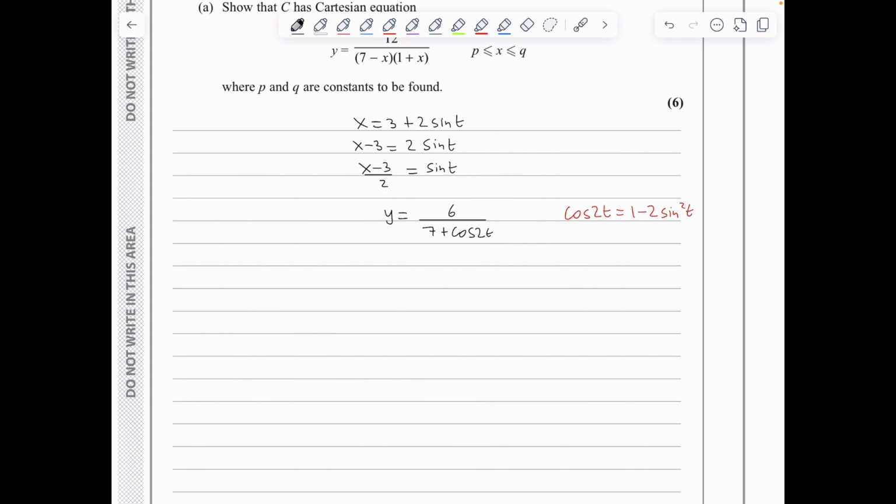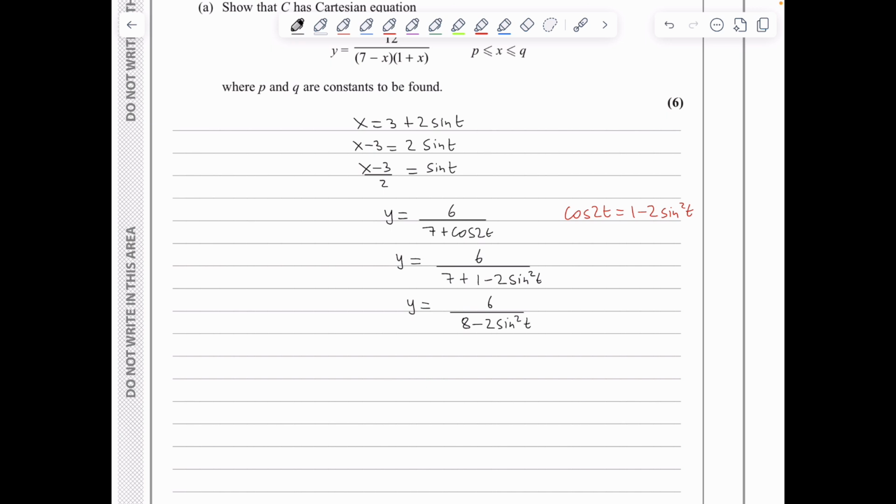So we're looking at y is equal to 6 over 7 plus 1 minus 2 sine squared t, which of course gives me y is 6 over 8 minus 2 sine squared t.